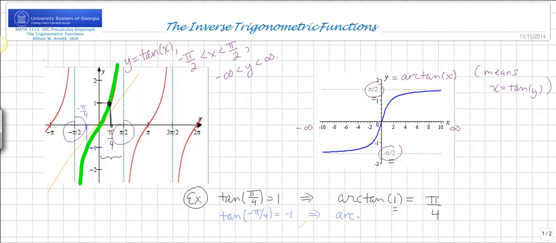Negative pi over 4 is in the correct window, so arctan of negative 1 has to be negative pi over 4, and those are your only options. If you put these in calculators with degree mode, you'll see that the calculator is programmed to only give you back certain possibilities, and those are the ones that we have described in our restrictions.